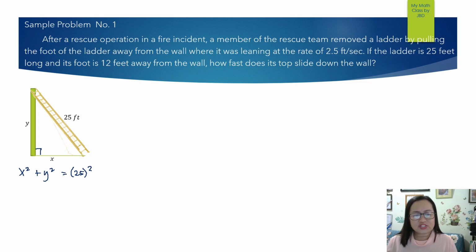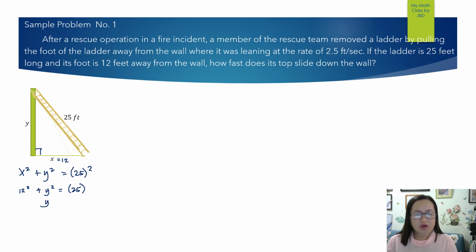Now since we know that x is equal to 12, we would be able to solve for y. So by substituting the known values to the equation, we will have this.